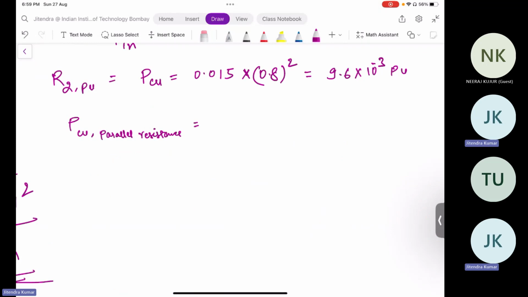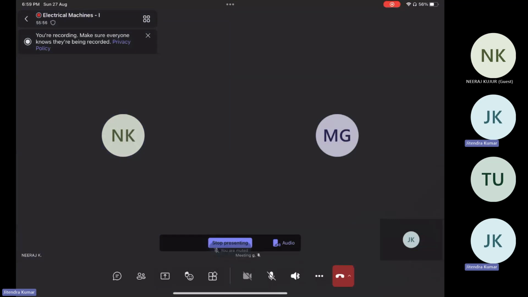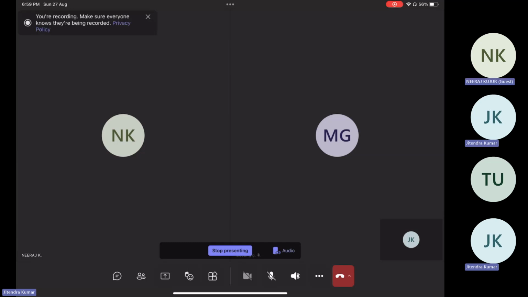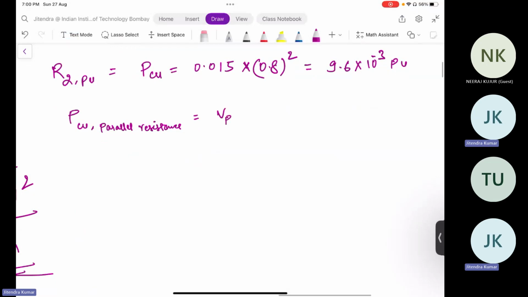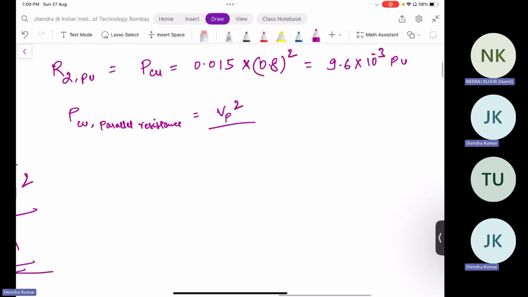We will do VP square divided by that excitation resistance.